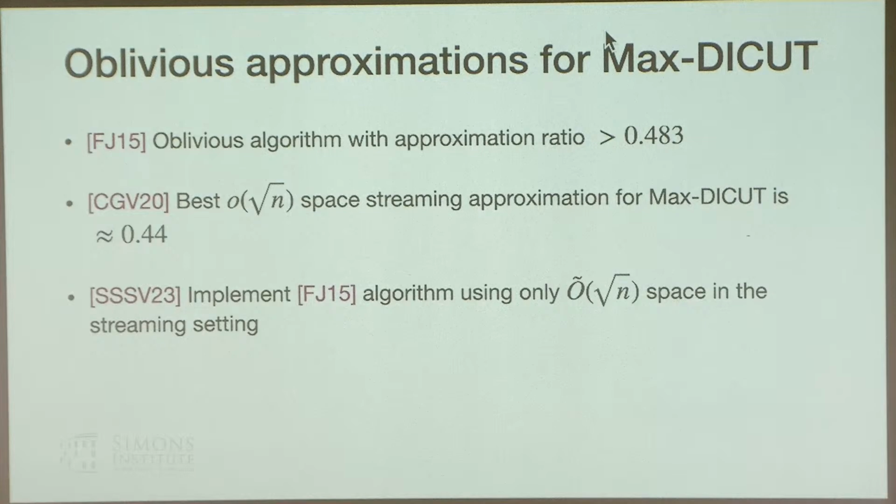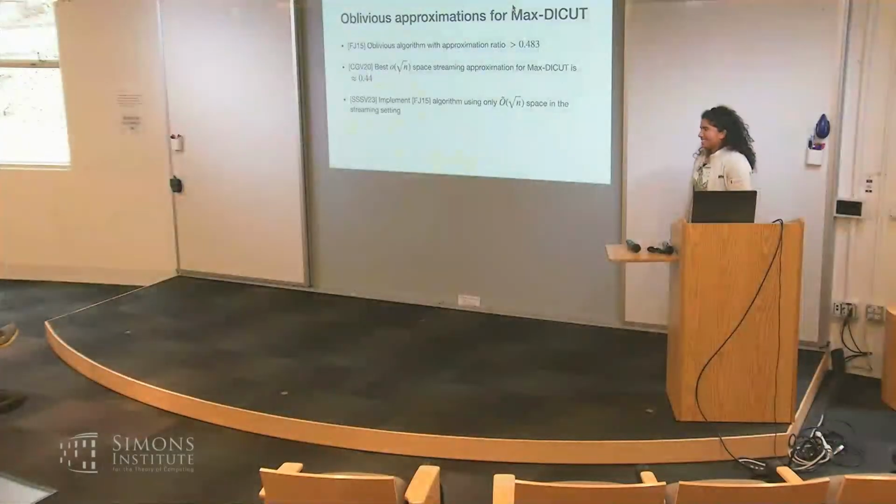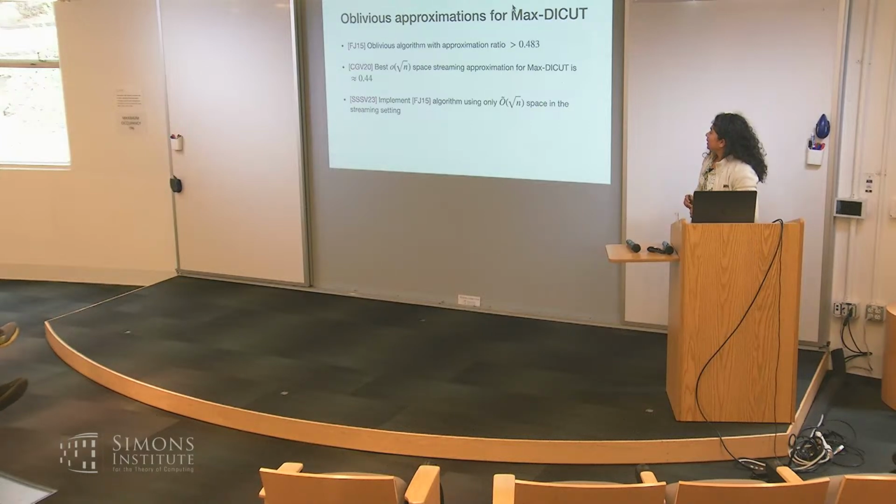So the 0.44 is optimal for little o of square root n? Yes, that's correct. A way to understand this constant? That's a great question. As a rational number, it's 4/9. I'm sure that still doesn't make any sense. I don't know if there's a very nice way to describe it. What happens is there's a notion you can define called the bias of the graph itself. It turns out that if two instances have different biases, then you can separate them.